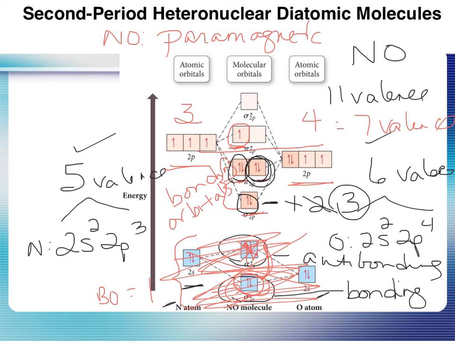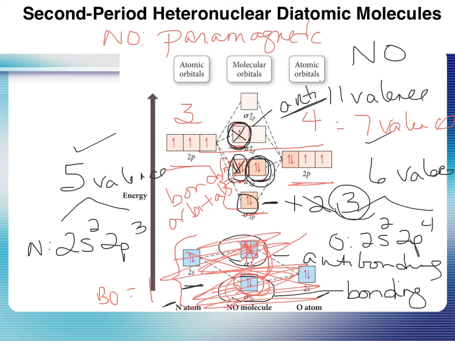Okay? So far we have a bond order of 3, but now we have one single electron in an anti-bonding orbital. So for every electron you have in an anti-bonding orbital, it essentially cancels out an electron in the bonding. So this electron cancels out only one of the electrons in one of the bonding orbitals.